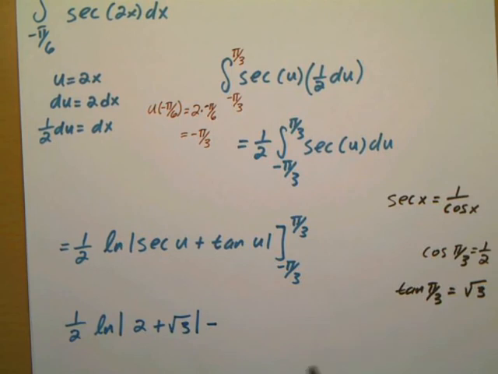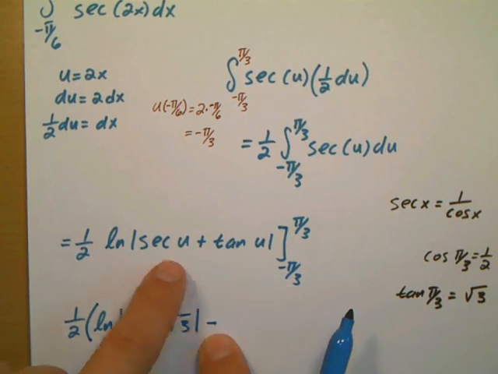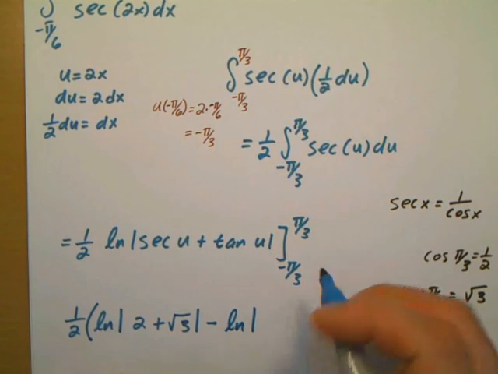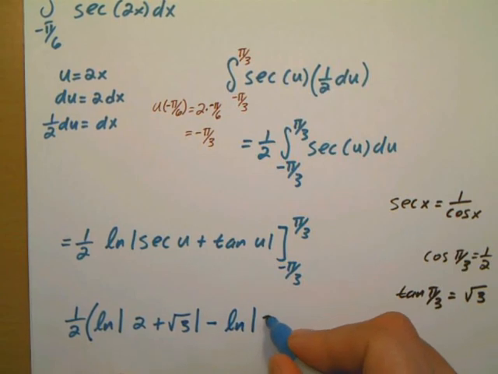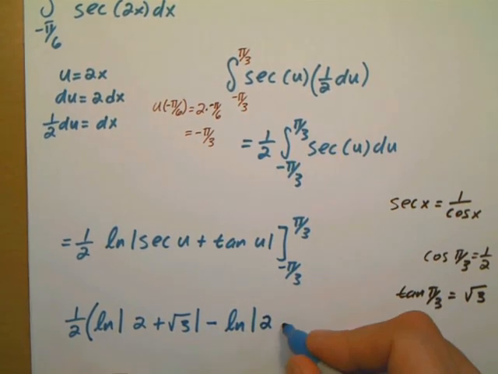Close that off, and then I'm going to now subtract the lower limit. Secant of negative pi over 3 is still going to be 2, but tangent of negative pi over 3 is going to be negative square root of 3.